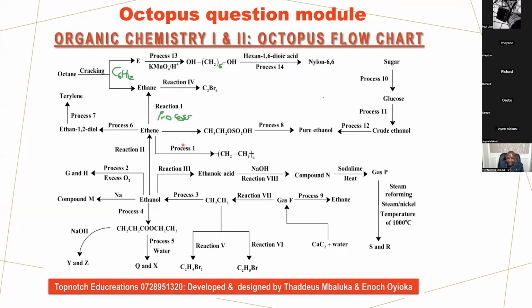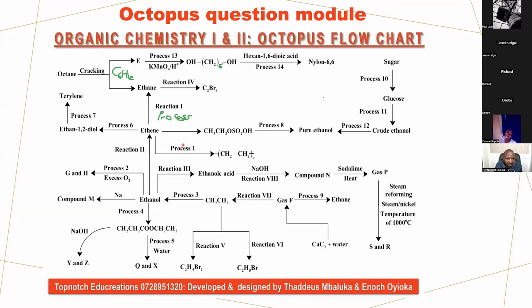That is the Ziegler-Natta catalyst. Those are the issues of concern.